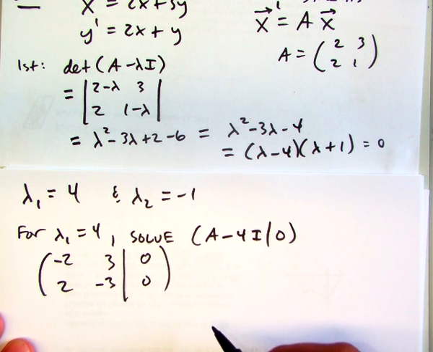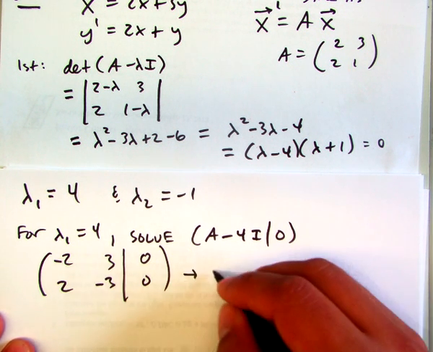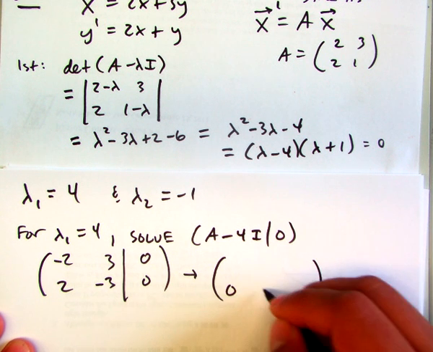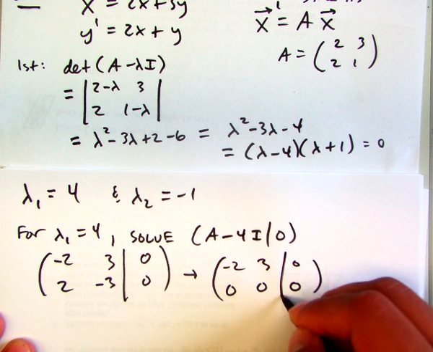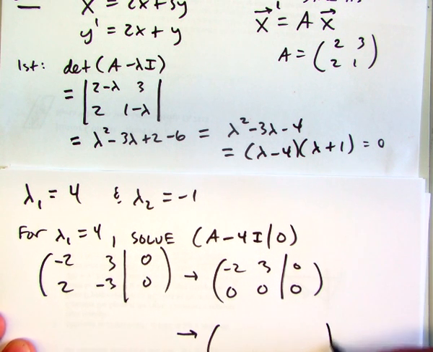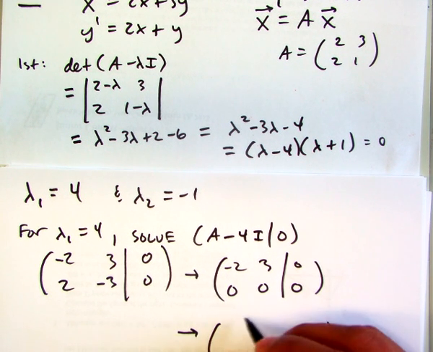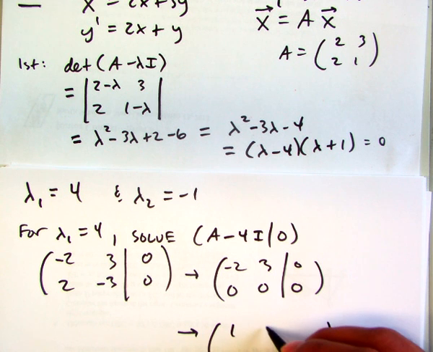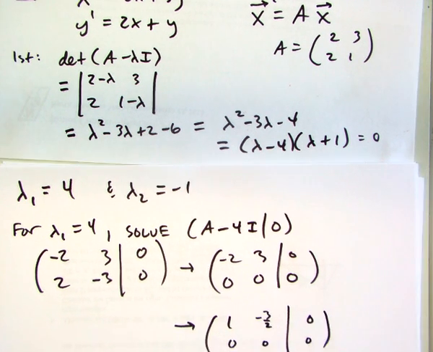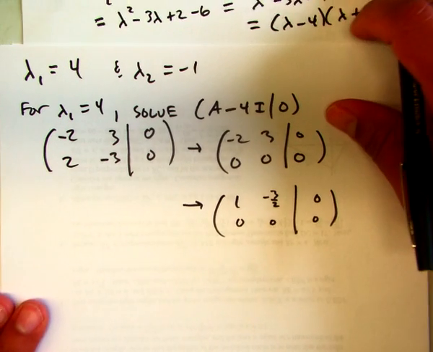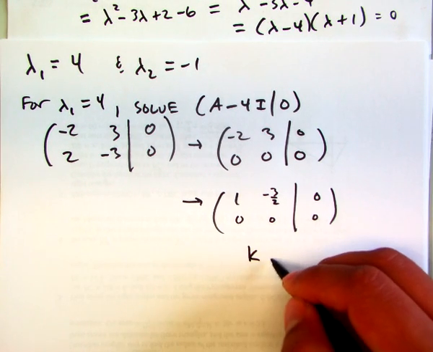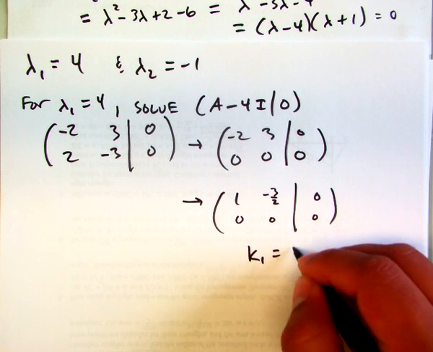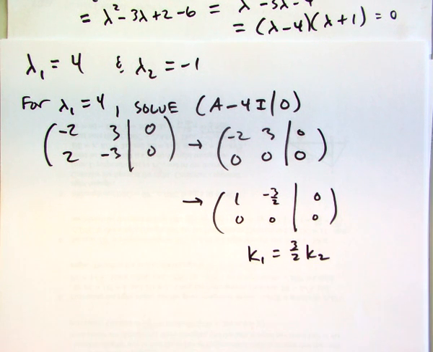And you can do a whole bunch of row operations or kind of see it at this point. Multiply by negative a half. So after you add the rows together and multiply the top row by negative a half, we get the relationship that k1 has to equal 3/2 times k2.